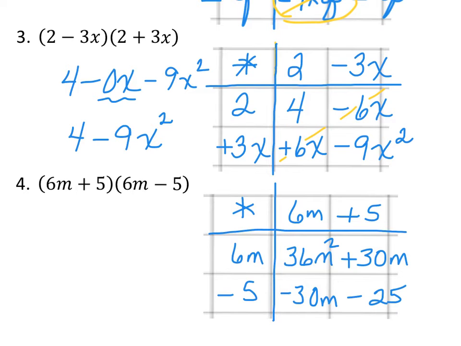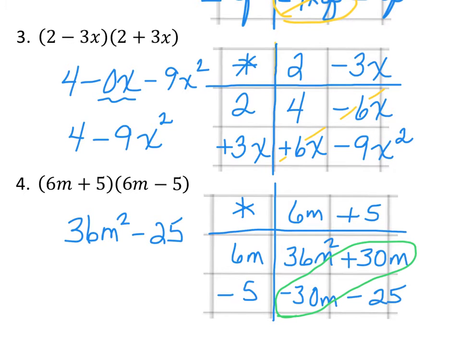And again, we're going to see that positive 30 and negative 30 will cancel out, which gives us that same zero middle term. And so our final answer is 36m squared minus 25. And I want you to notice that this process is actually no different from what you normally would have called FOIL.